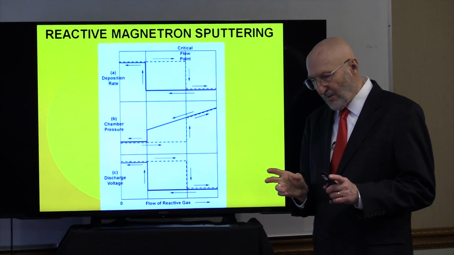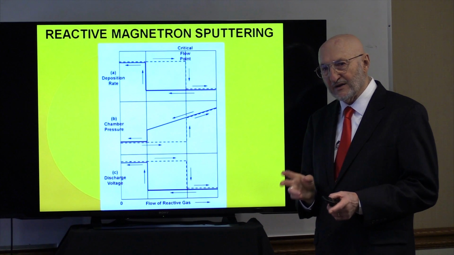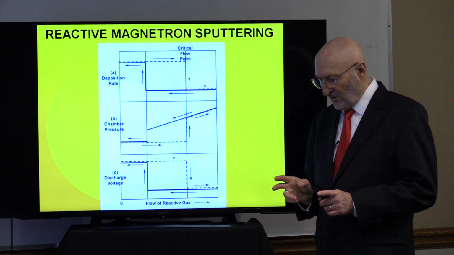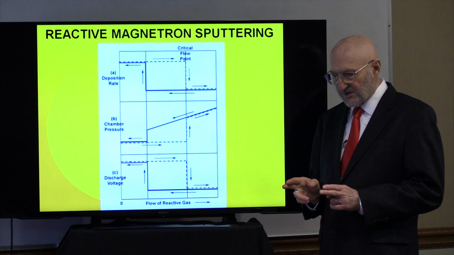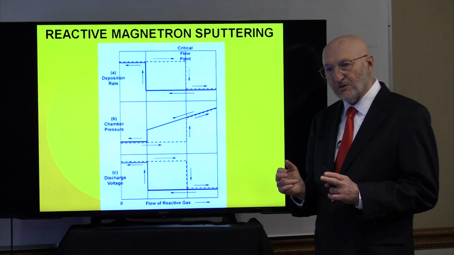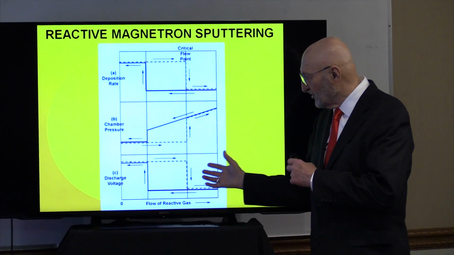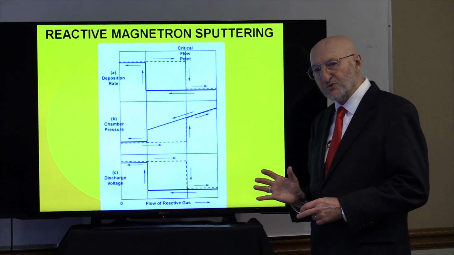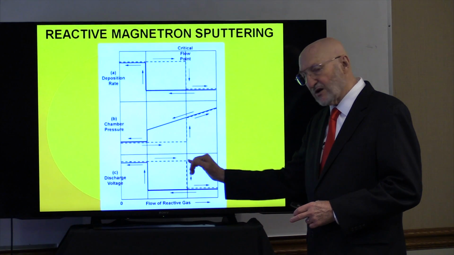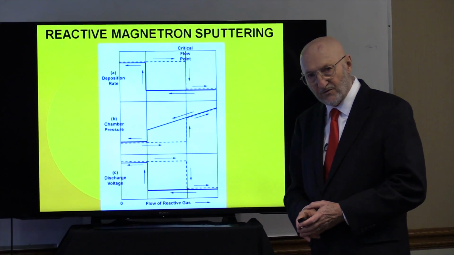Just a regular old mass flow controller doesn't respond that quickly. So the conversation was they were basically using a piezoelectric valve to very quickly change the oxygen flow and have a closed loop system to keep it right close to the knee of that curve.